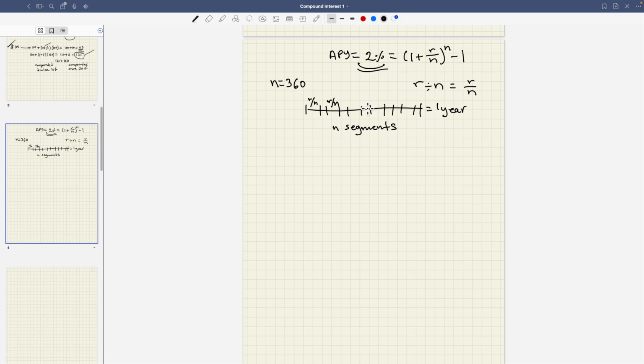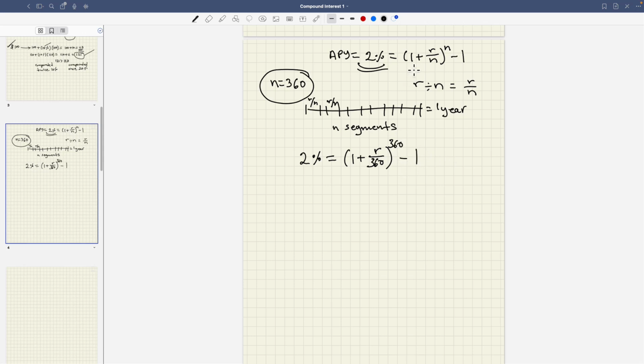But in this case, we're assuming it's 360 segments in 1 year. So we have here 2% equals 1 plus, we don't know R, but we do know the number of segments that the year was broken into, which is 360, to the 360 if you want to substitute it.